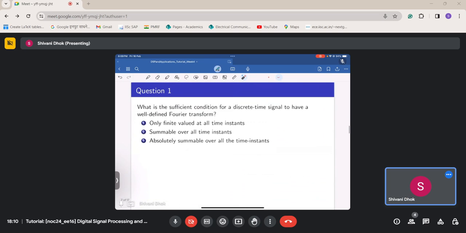Okay, so let's start with question 1 that I have planned to cover today. This is a very simple question. It asks: what is the sufficient condition for a discrete-time signal to have a well-defined Fourier transform? The first option is only finite valued at all time instants. The second option is summable over all time instants. The third option is absolutely summable over all time instants.